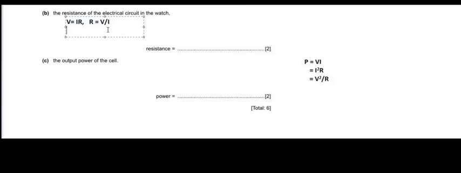So here you can put the value of the voltage and the current. What is the amount of voltage they have given? If you read this question, you can find the potential difference of the cell is 1.3, and the amount of current is 4.1 into 10 raised to minus 5.